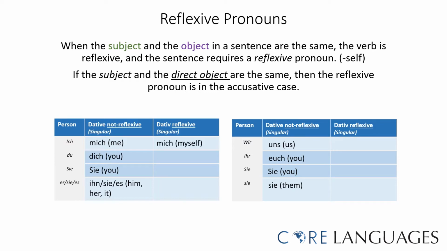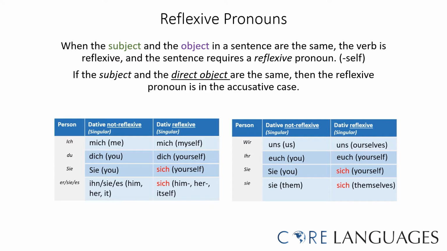Ich stays mich, du stays dich, but sie becomes sich. Sie, es also becomes sich. Uns, euch, sich, and sich.